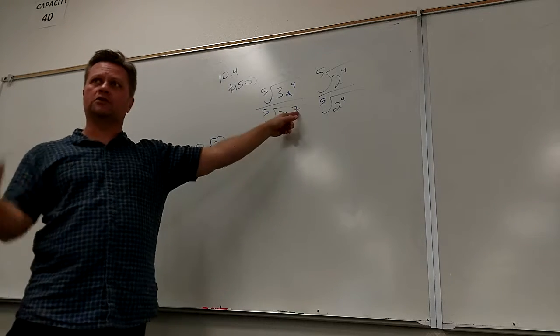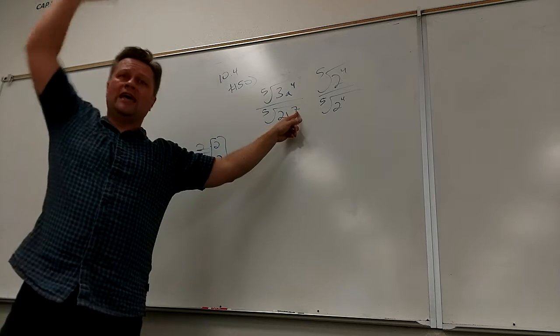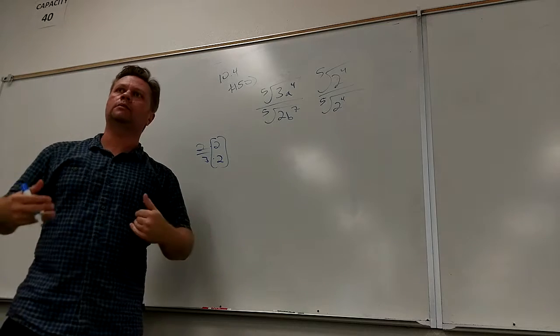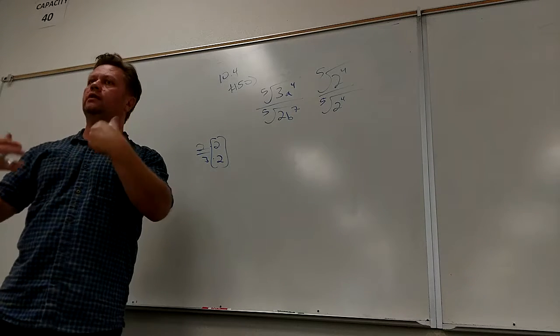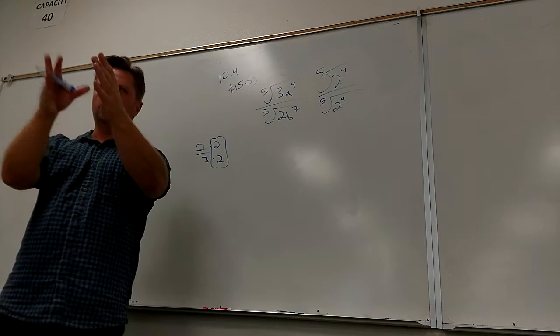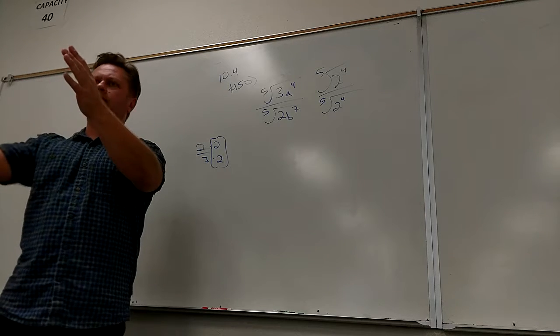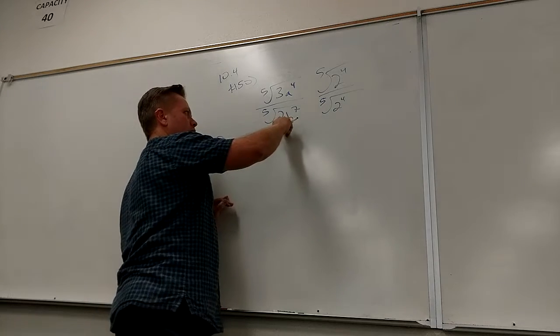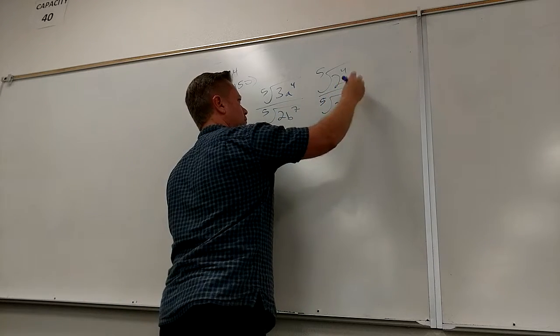No, but 5 does go into 10. So how many more b's do I need? 3. When I say rationalize the denominator, you think, what's the root? How much more do I need to give this so that'll work? So I need 4 more 2's and 3 more b's.